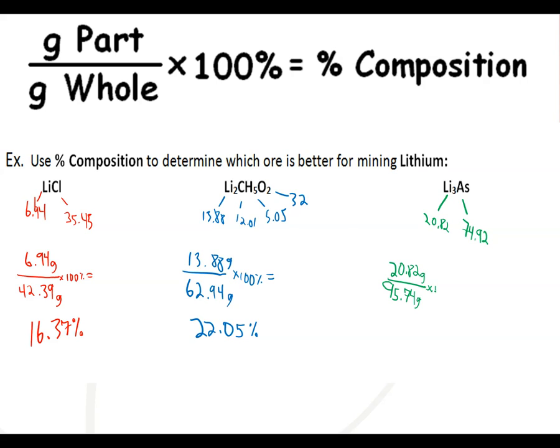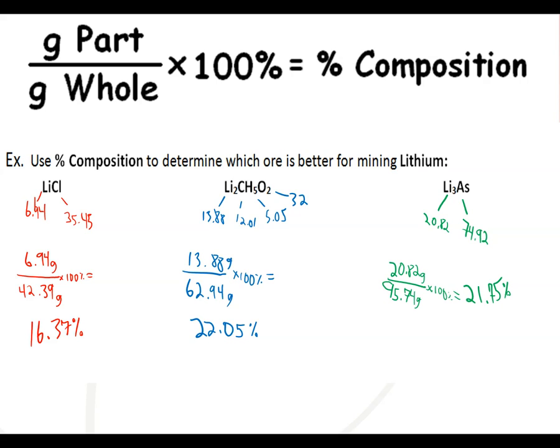And we're going to times that by 100 like we've been doing. And we'll see. So let's find out if this is more lithium than the ones before it. And as we find out, the answer to that, quite frankly, is no. It's 21.75 with rounding percent.